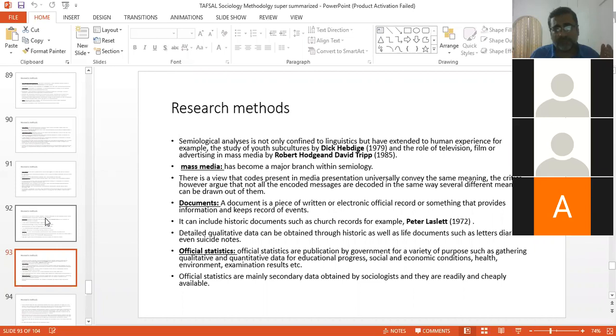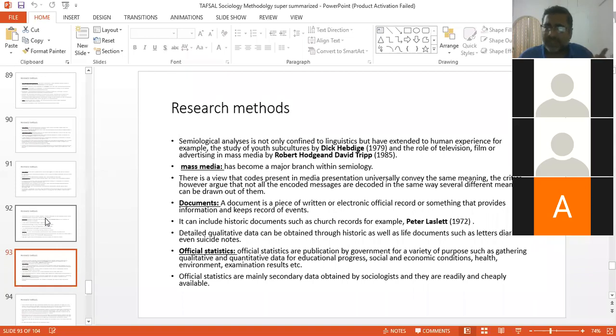So then, of course, we go to documents. And this is where we are moving towards secondary research. So documents are pieces of written research. These days they can be electronic records, typed records, or written records. Historic documents too: today if you are giving the SAT, you know that there's an entire section based on historical dialogue between peoples.